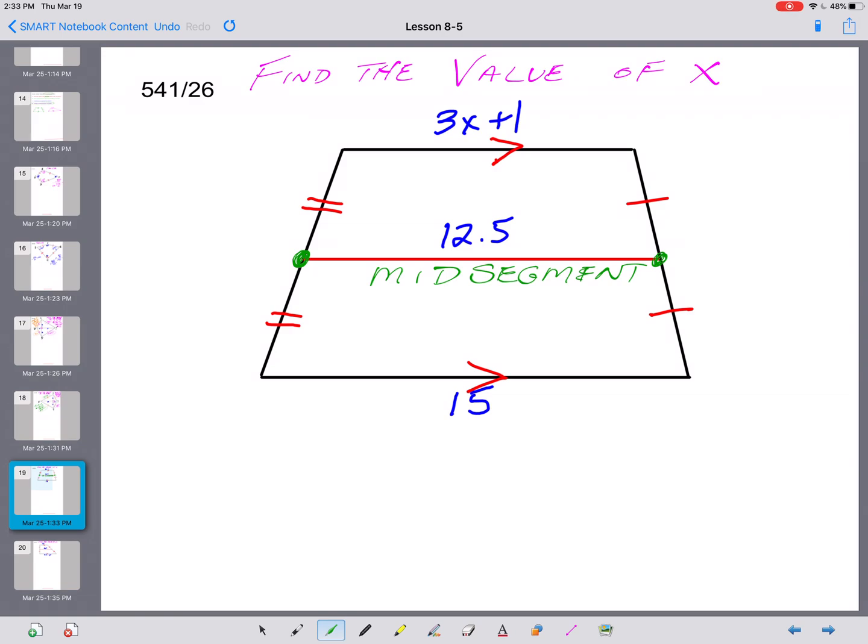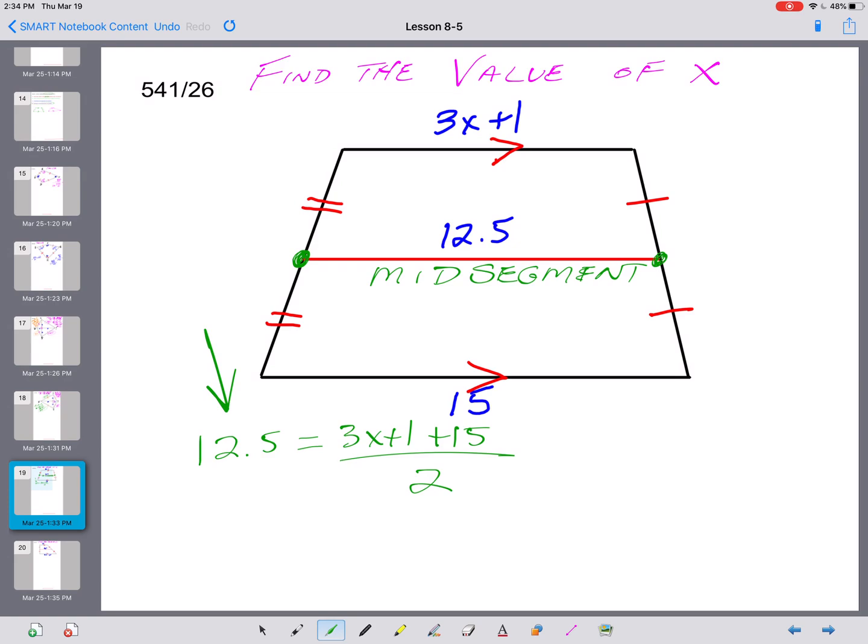The middle one is the average of the two bases. Add the two bases up and divide by 2. The middle one, 12.5, is the average of the two bases. The top one, 3x plus 1, plus the bottom one, 15, divided by 2.